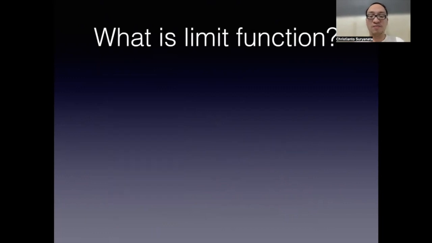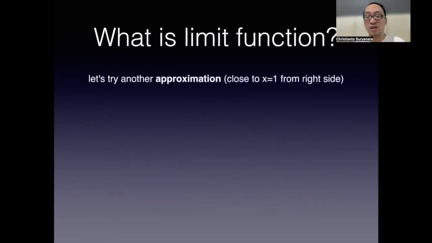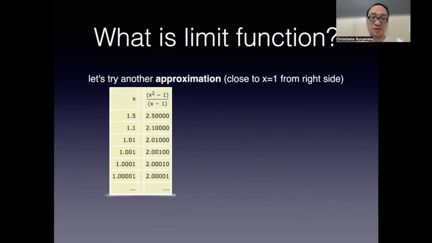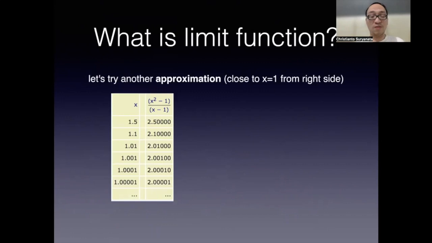Now let's see what happens if we approach x equals 1 from the right side. We find values of x close to 1, but a bit more than 1. So we try 1.5, and the value is 2.5. As I move closer to 1, 1.1, it equals 2.1.